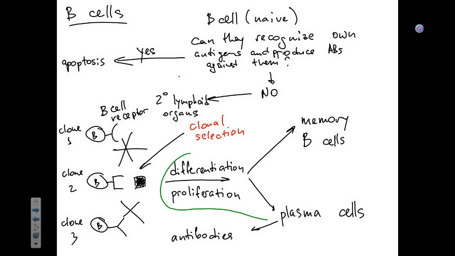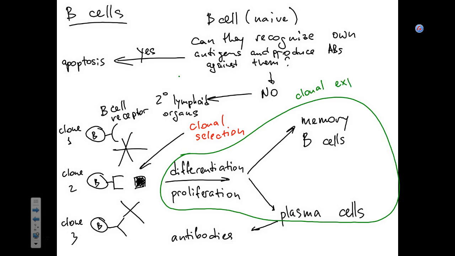This entire step, when cells become differentiated and grow up, is called clonal expansion. Does it make sense? The terminology-wise. That's just terms. Clonal selection, we select a specific clone. Clonal expansion expands. Okay.